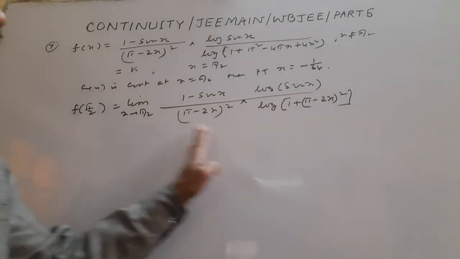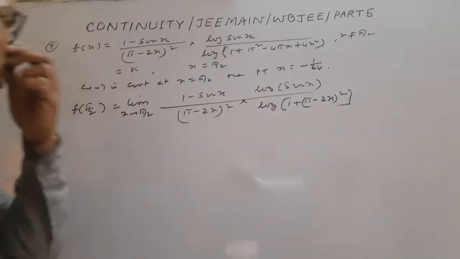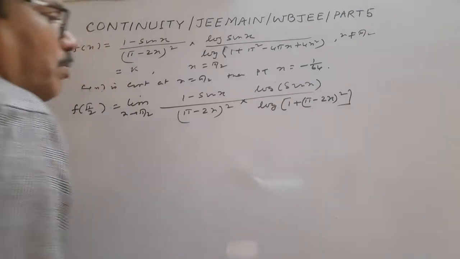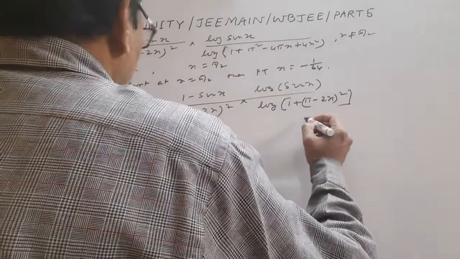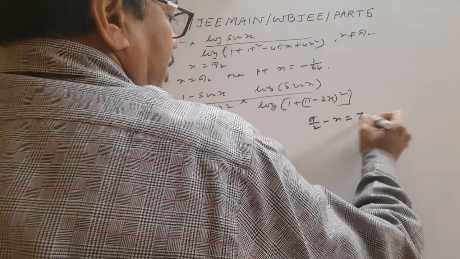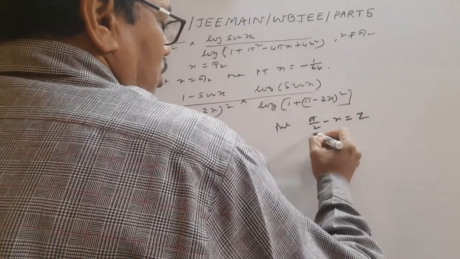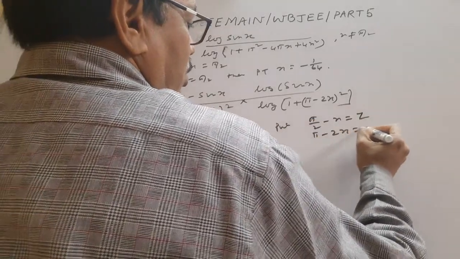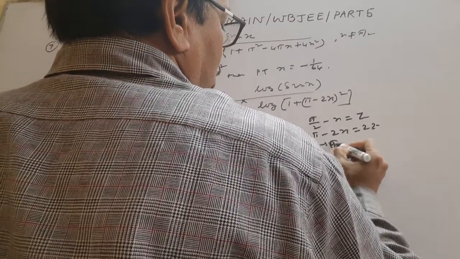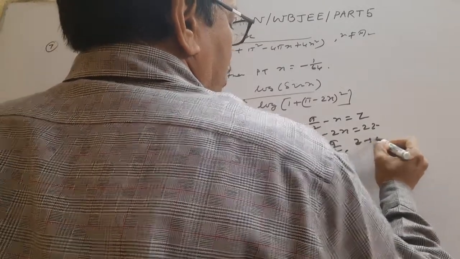Now limit tends to pi by 2. So put a transformation: pi by 2 minus x equals z. Put, so pi minus 2x equals 2z. As x tends to pi by 2, z tends to 0.